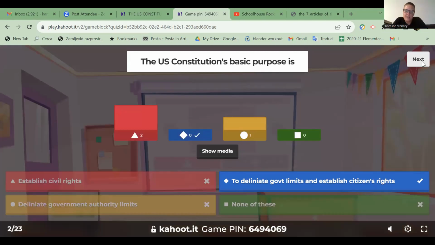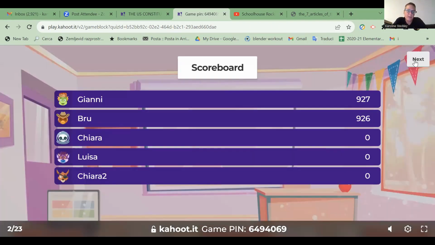It is just delineate government limits and establish citizens' rights. So it doesn't give us civil rights. It doesn't say what the limits of the government are, but it does explain, like, the first 3 articles talk just about the government and what our rights are.